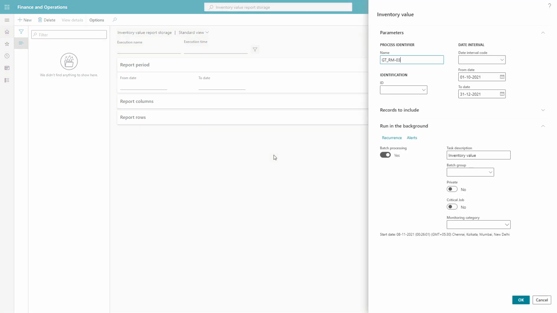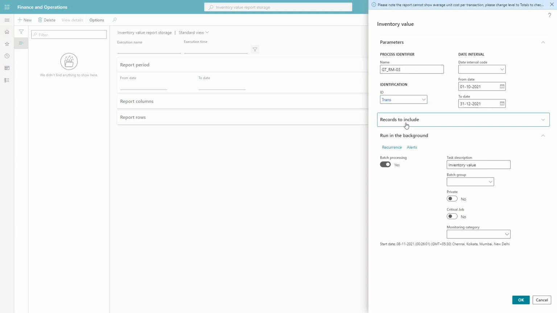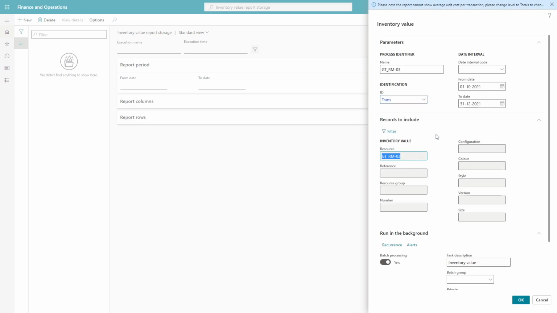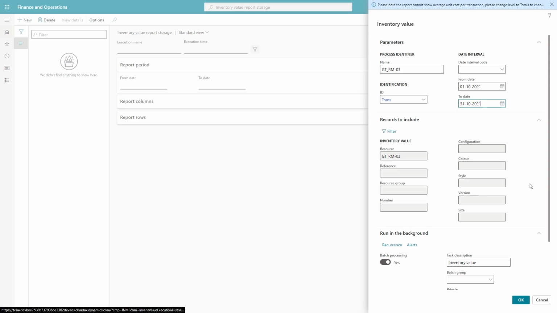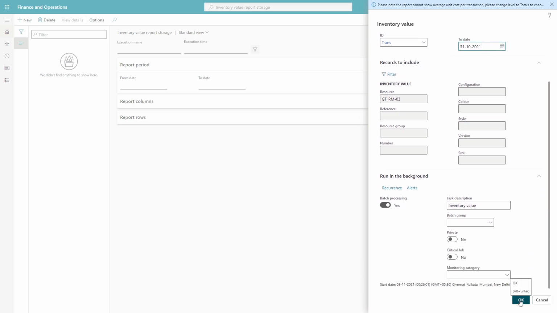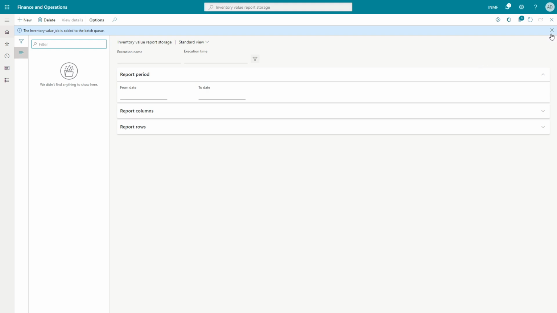You create the new report, select the ID running for this. To run this report for this particular date, 1st October to 31st October. That's it. This will run in background.